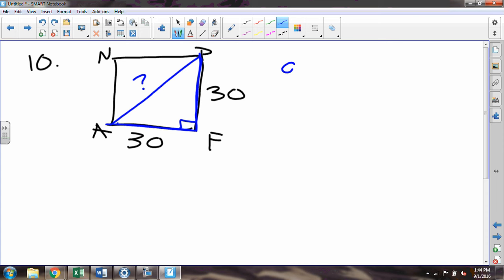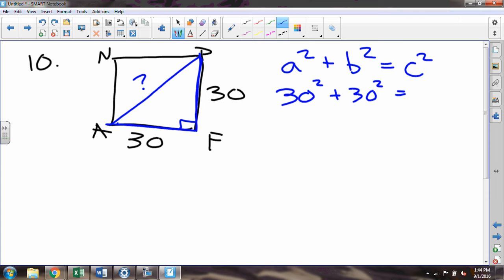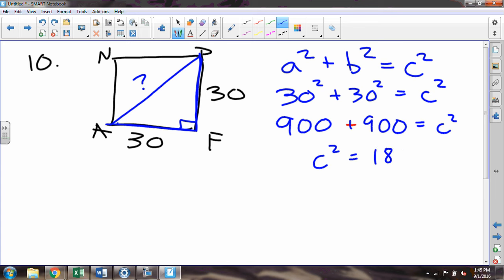And so to use the Pythagorean theorem, we'd have legs squared plus legs squared equals the hypotenuse squared. Substituting in the side lengths that we know, 30 and 30, trying to figure out the hypotenuse length. So 900 plus 900, that gives us c squared is 1800.